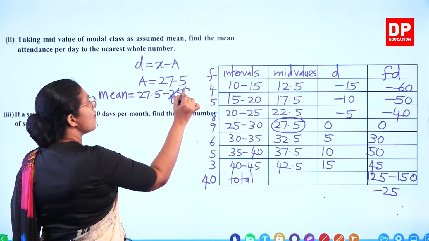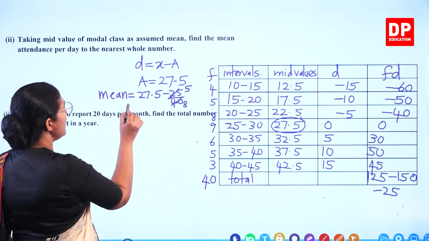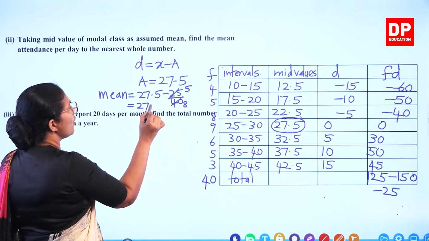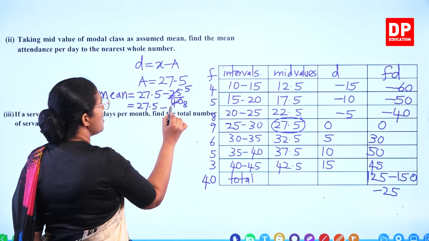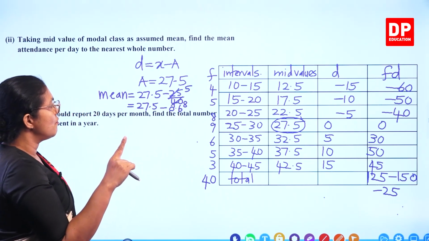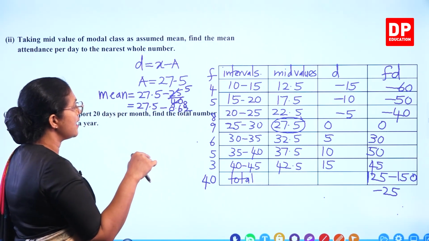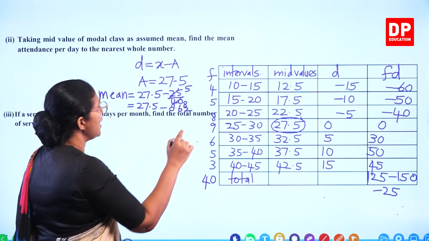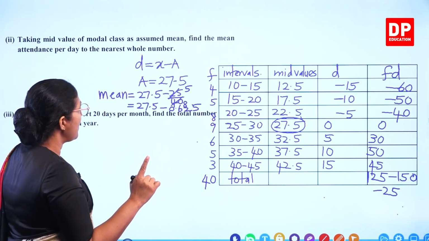So 5 times 5, 5 times 8, 5 over 8, roughly 0.625. 27.5 minus 0.625.